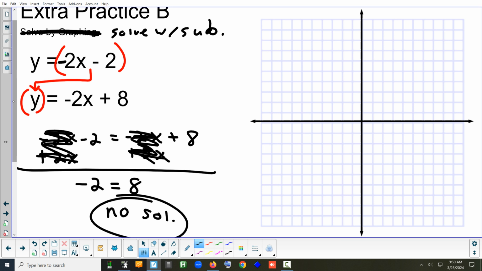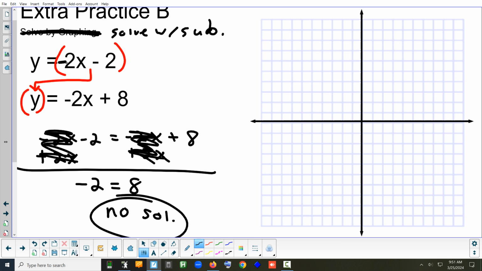And what do you call two lines that have the same slope? Parallel. And what did we just say about parallel lines? Do they cross? No. So we really could have told right away, because they have the same slope and different y-intercept, when you draw these lines, they're parallel.